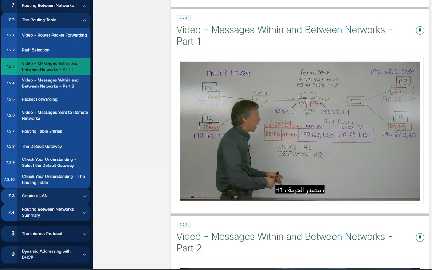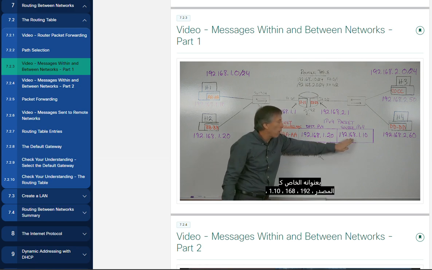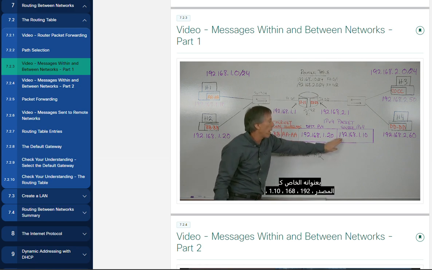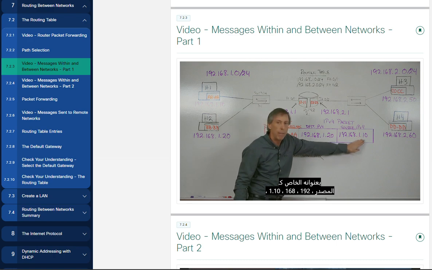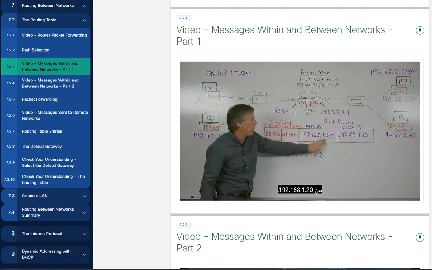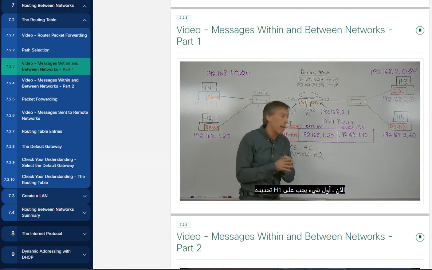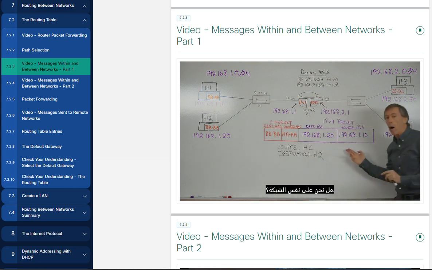H1, the source of the packet, builds the IPv4 packet with its own address as the source, 192.168.1.10, and the destination IPv4 address of 192.168.1.20.